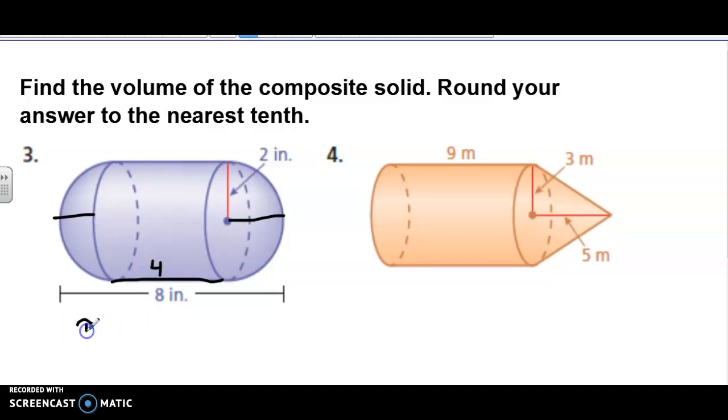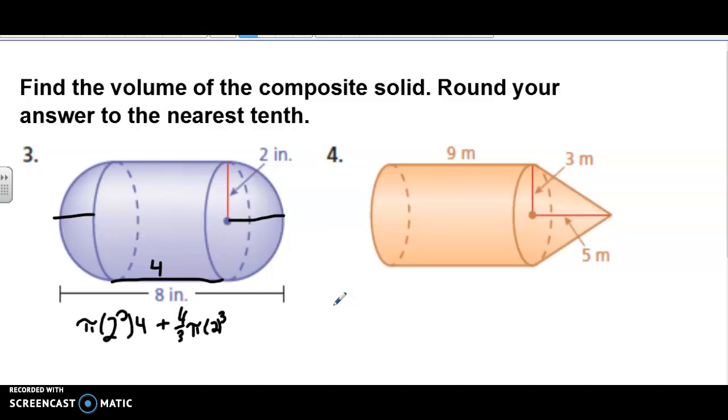For the cylinder, it's pi r squared times height. So I'm going to have pi times 2 squared times the height, 4, and I'm going to add the volume of the sphere, which is 4/3 pi and 2 cubed. If you put the parentheses in the right places, you can actually put everything in the calculator one time.